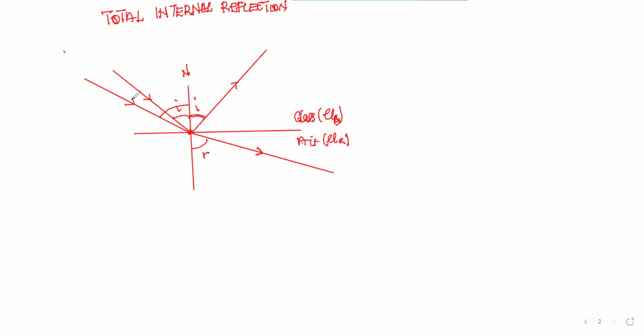This reflected ray is weaker, and this refracted ray is stronger or brighter in intensity. So as you increase the angle of incidence in the more dense medium, the light will be refracted further away from the normal. So the angle of refraction is also increasing.